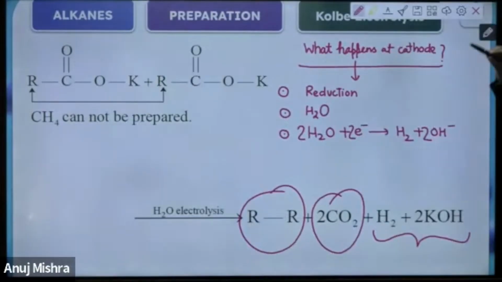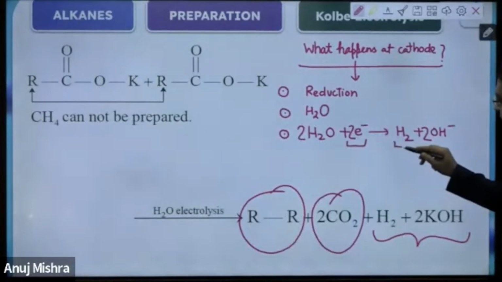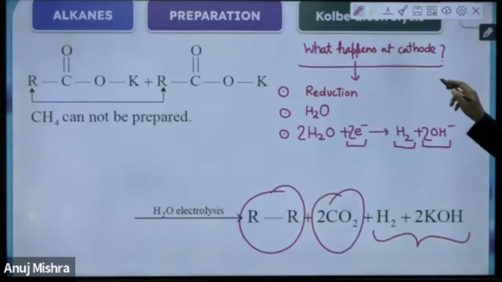So what's the learning here? Learning is for 2 moles of electrons, 1 mole of hydrogen comes out and 2 moles of OH minus come out. If at cathode 2 moles of electrons are involved, at anode also 2 moles of electrons are involved. Now think about your first question, which was CH3COO minus K plus.